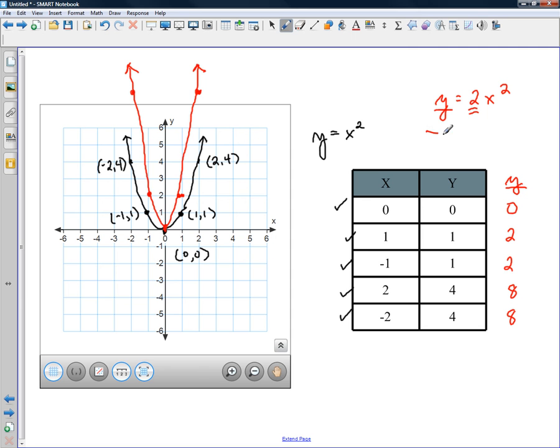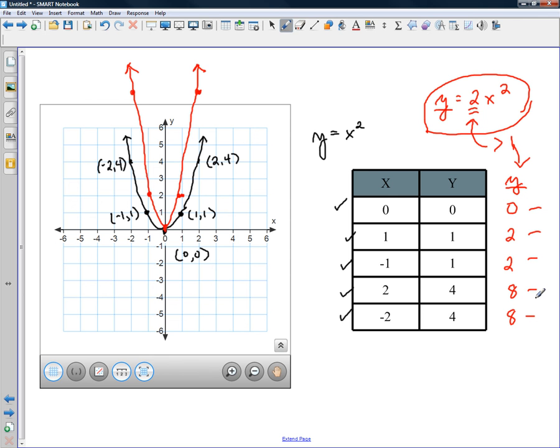If I put a number greater than 1, if I stretch x squared, if I put a factor in front of the function x squared, I get a new set of y's, we'll call them the red y's. If I put 0 in and square it, I still get 0, and 0 times 2 is still 0. But now, when I put 1 in or negative 1 in, I get 2 out. And when I put in 2 or negative 2, I now get 8 out.